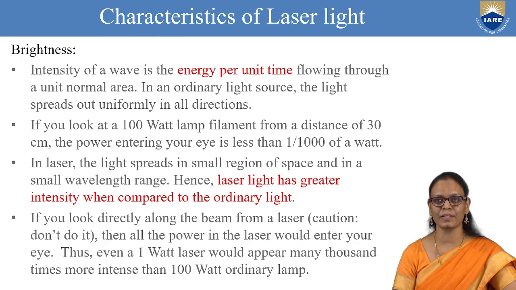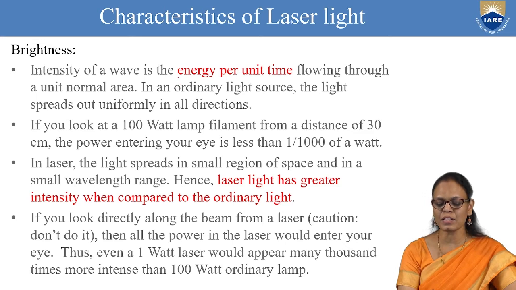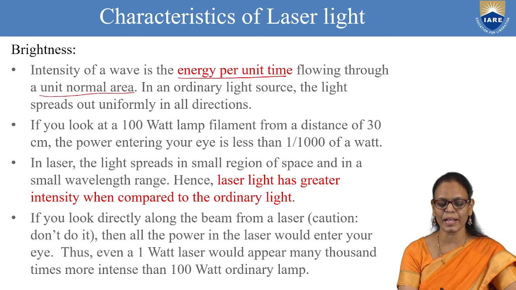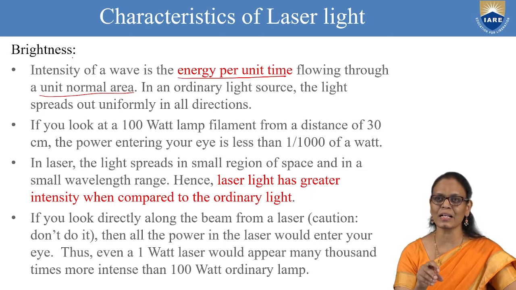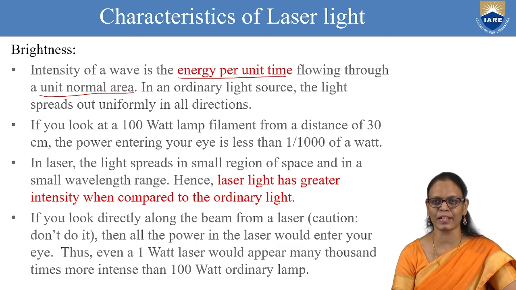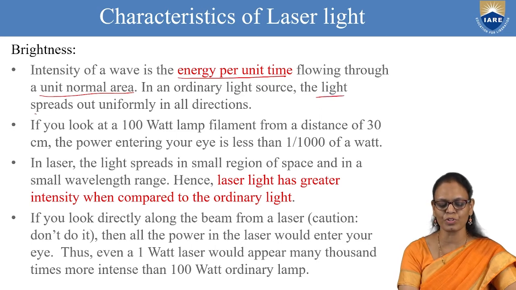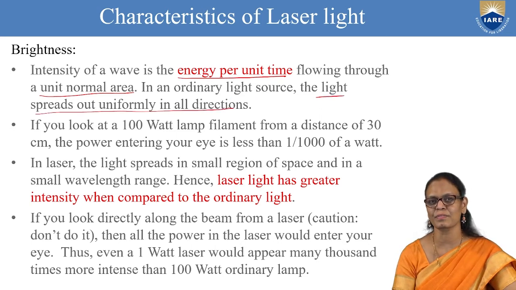Now coming to brightness. Intensity of the wave is energy per unit time flowing through a unit normal area. So the brightness always depends upon the energy of the wave per unit time per unit area. In ordinary light, the light spreads out uniformly in all directions.